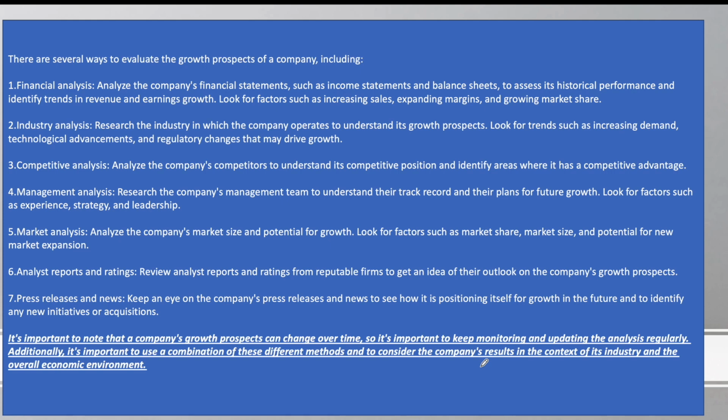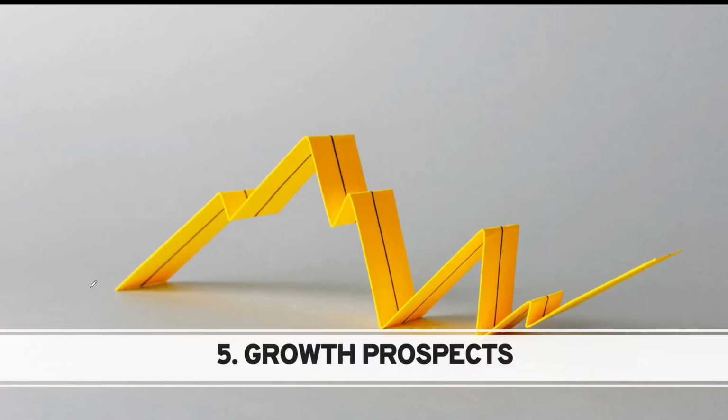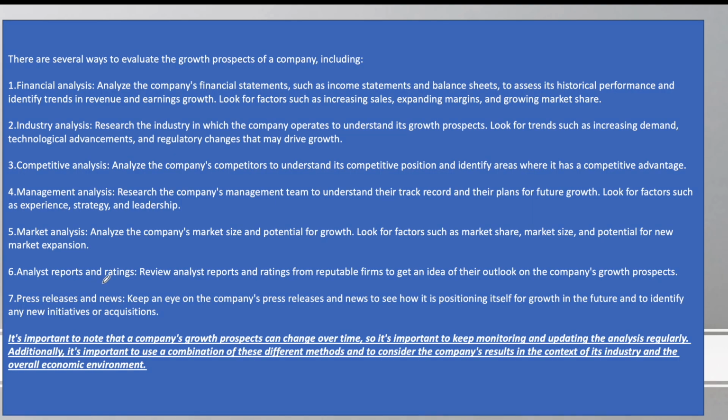So steel may be growing, anything related to infra, anything related to banking, maybe a growing sector. So financial analysis, industrial analysis, competitive analysis, management analysis, market analysis, these are the various techniques by which we can know about the growth prospects of a company.